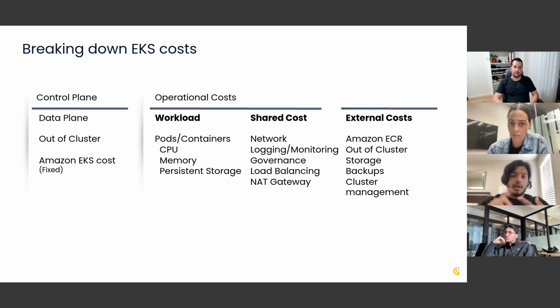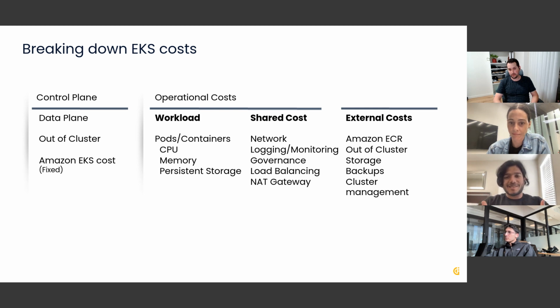We have, of course, networking within the cluster and outside of the cluster, logging and monitoring that is required in an EKS cluster just to maintain observability, load balancing. As you scale out, you want to ensure all your containers are appropriately utilized. And of course, NAT gateways, that is just access to the internet.